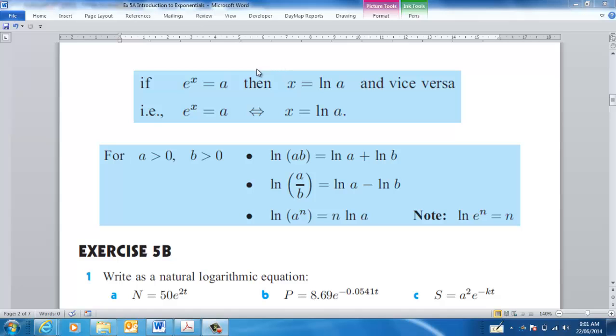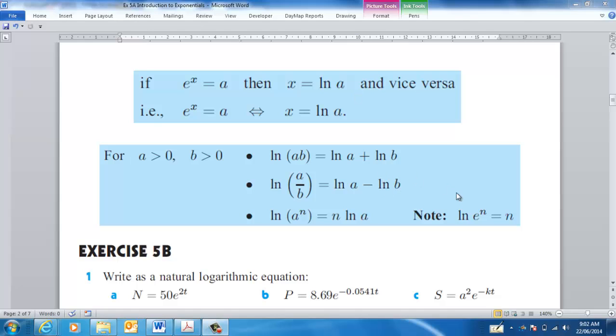If you're looking at e to the x equals a, then if we take the ln of both sides, we'll get x equals ln of a. If you have e to the power of ln a, that will get back to a. So you can flip it around whichever way you want.